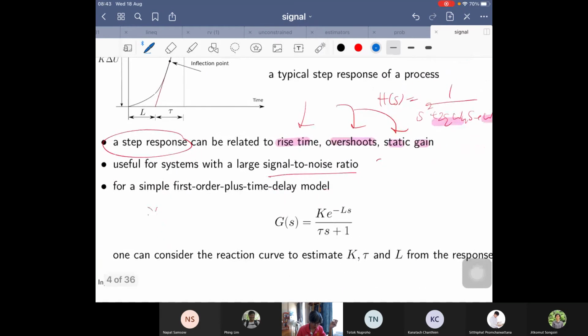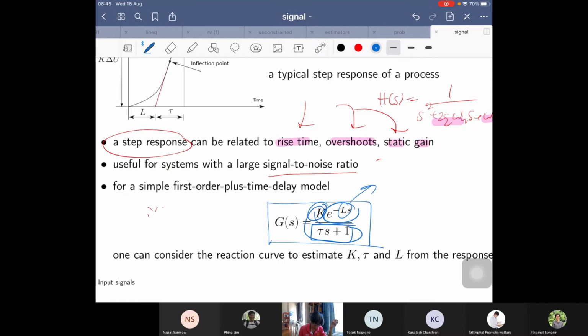The step response is used a lot when you would like to characterize the system property, where that system can be represented by the first order plus time delay. This is the first order system, and this is the time delay, e to the minus Ls. The value L is the time delay, and there is the DC gain.